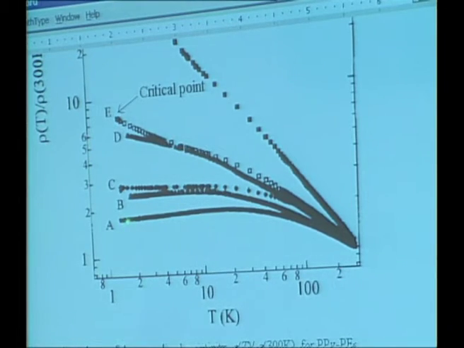So I want to plot the resistance at low temperatures divided by the resistance at room temperature. Okay? And of course, that resistance ratio here is about 1.7. You can see that. And here it's already 9, and up here it's about 100. And I've listed those numbers here.